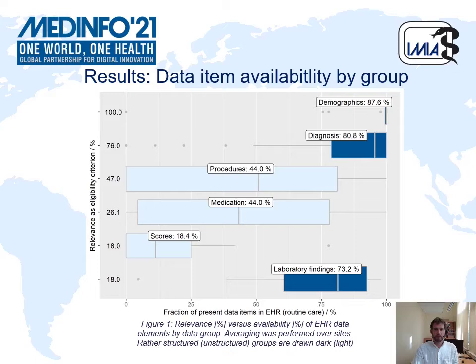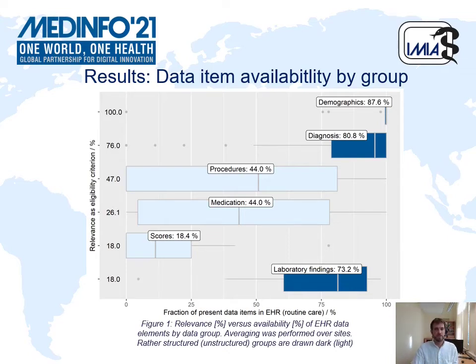But before I come to the data element groups procedures and medication, which show a wide distribution and require a closer look, I want to give some details on the lab findings data group. So, this group is seldom chosen as eligibility criteria, but the data elements are typically recorded at all sites in a structured form.